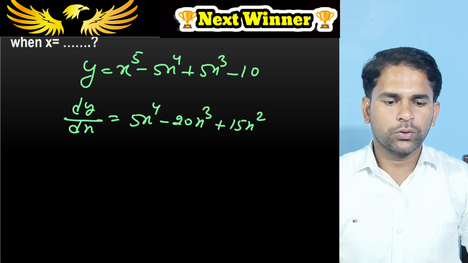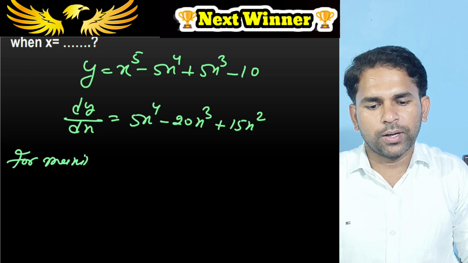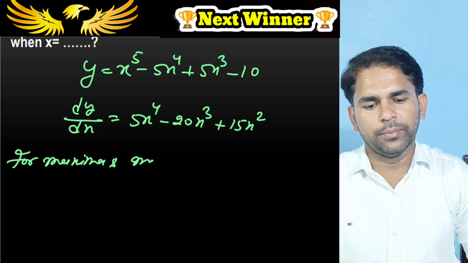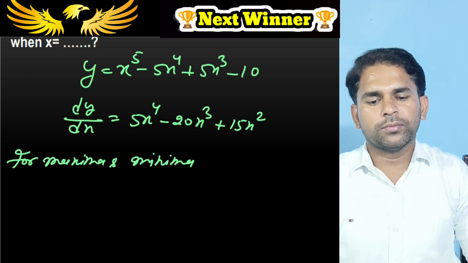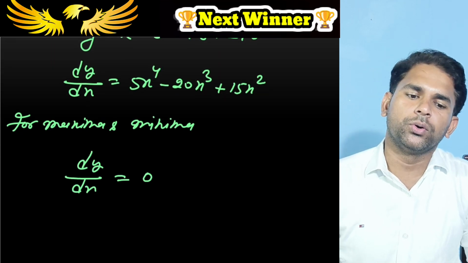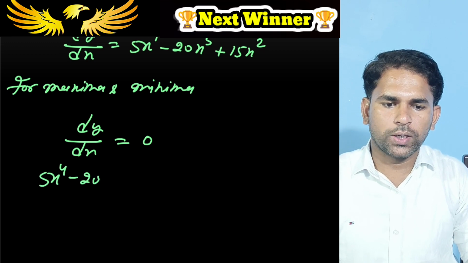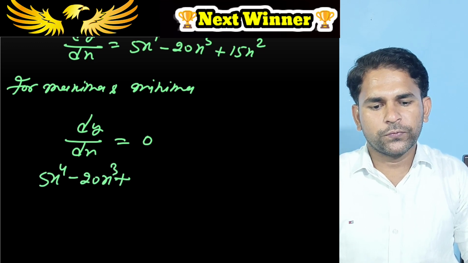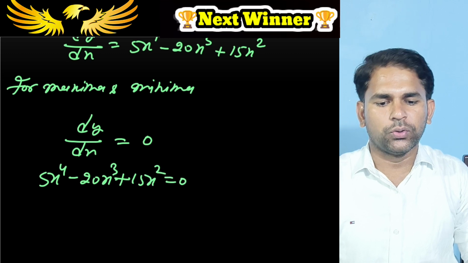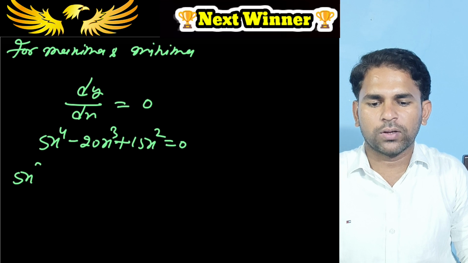Now for maxima and minima, simple, we consider dy/dx = 0. So we write 5x^4 - 20x^3 + 15x^2 = 0. We can take 5x^2 common.